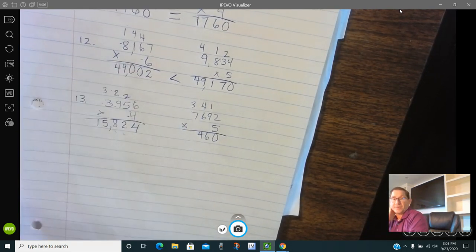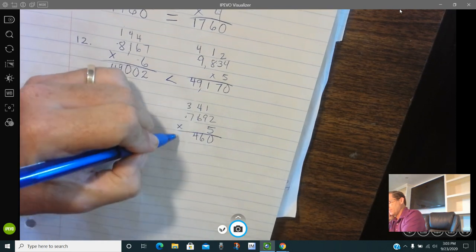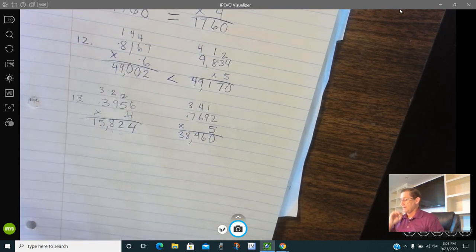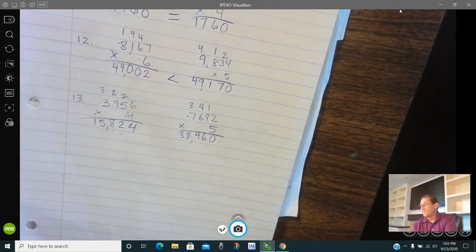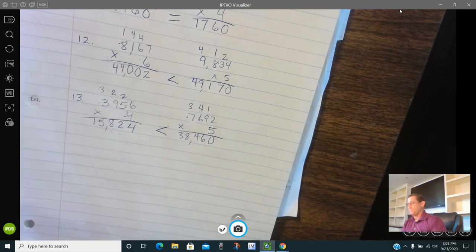Regroup as 3,000s and 400s. And 5 sets of 7 is 35, plus 3 more is 38. So 5 sets of 7,000 is much bigger than 15,824.